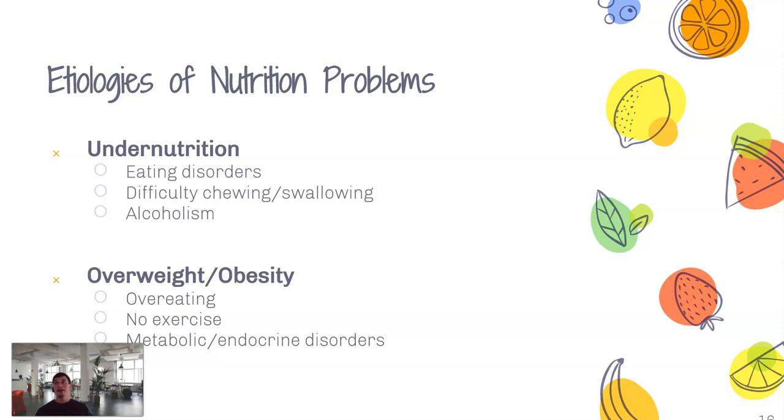So the etiologies of nutritional problems that we see. Let's talk about those that stem from undernutrition. Undernutrition may cause psychological, social, economic, or physiological impacts that affect the body.